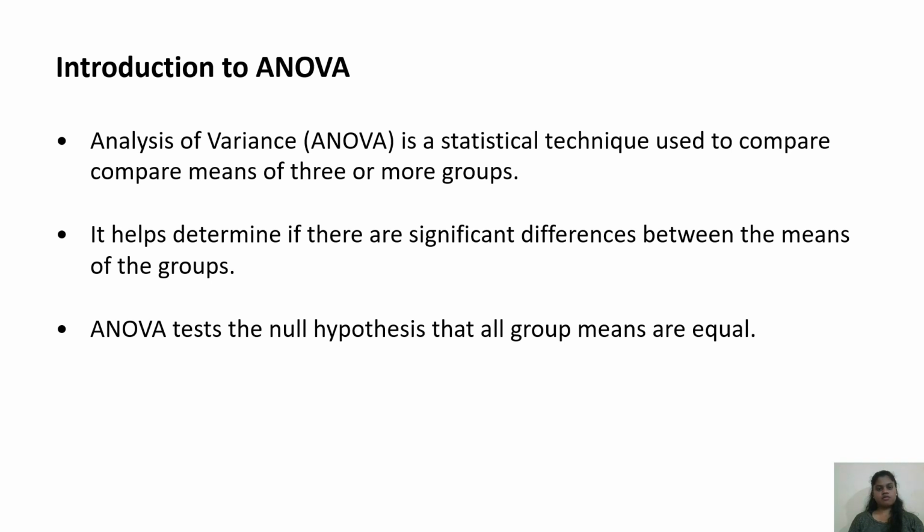The full form of ANOVA is analysis of variance, and it is also used to compare the means of three or more groups. And it follows the null hypothesis; whether the hypothesis is accepted or rejected depends on the null hypothesis.